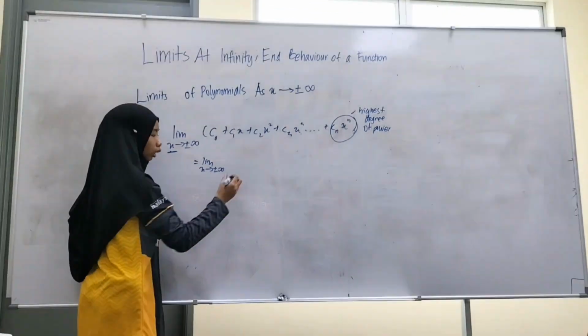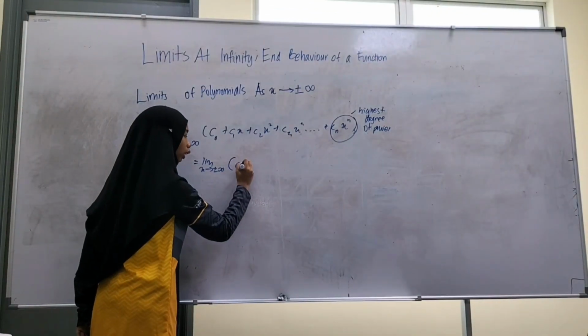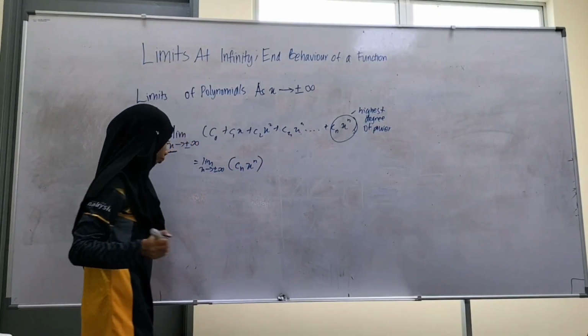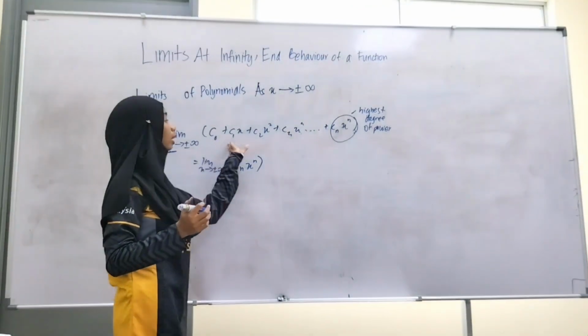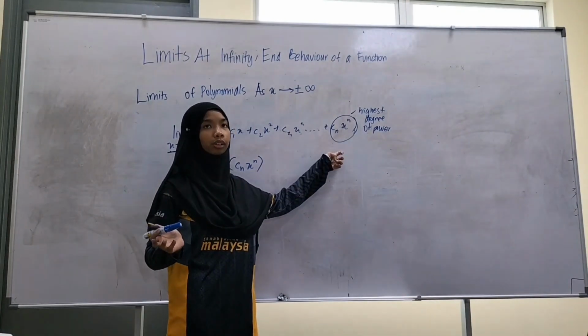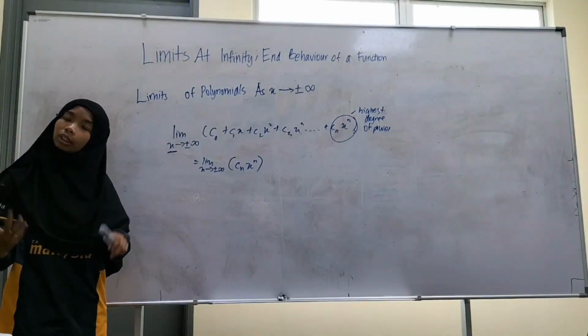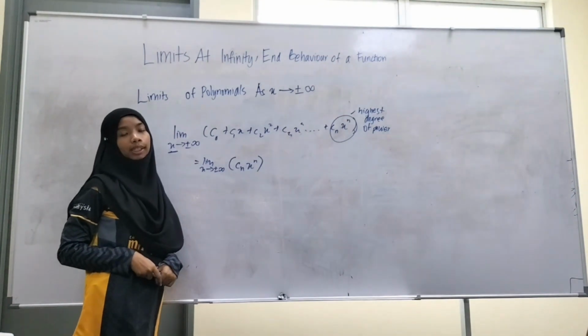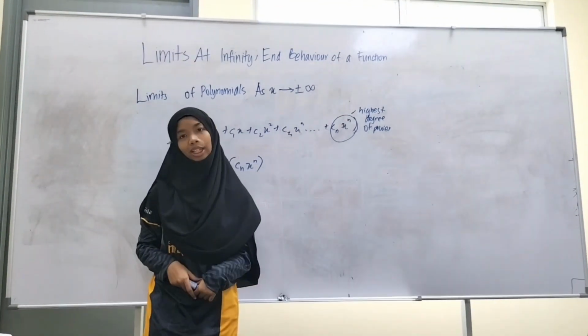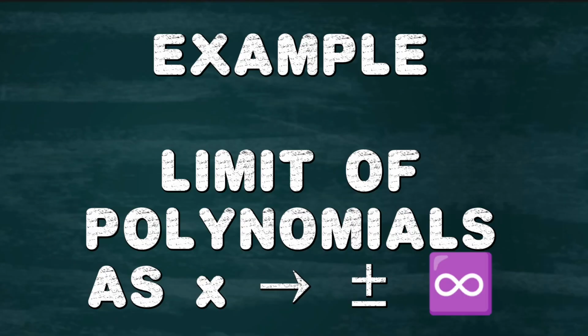So just take Cn times x to the power of n. That's just as simple as that. No need to take into account any of these other pesky terms. Just take the largest one, because the limit is still going to be the same. It follows the highest degree of power in the function. That's it. That's all for me.